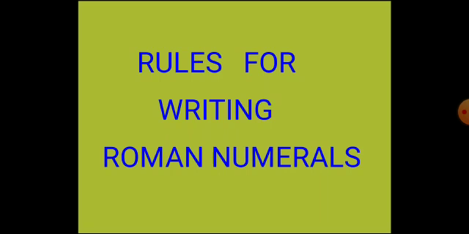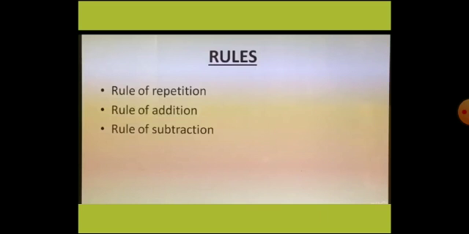Those are I, V, X, L, C, D and M. Other numbers we can form by combination of these 7 symbols on the basis of some rules. That means we use these rules and we can write the remaining numbers. Let us see those rules: rules of repetition, rules of addition, rules of subtraction.